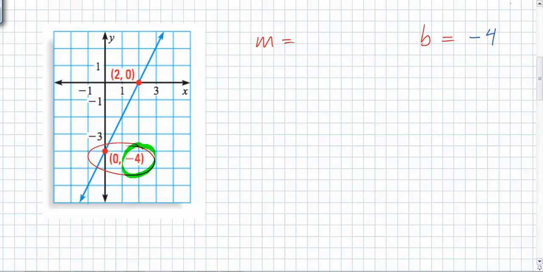We figure out the slope by looking at 2 points. And in this case, we have 2 exact points, (2, 0) and (0, negative 4). So m is going to be equal to, remember, y2 minus y1 over x2 minus x1.